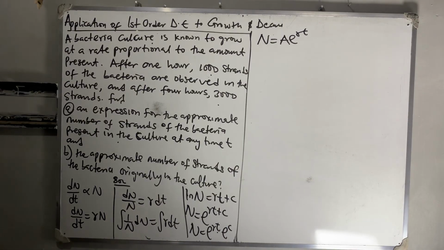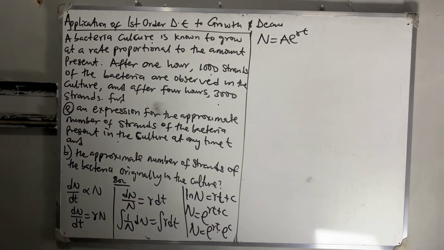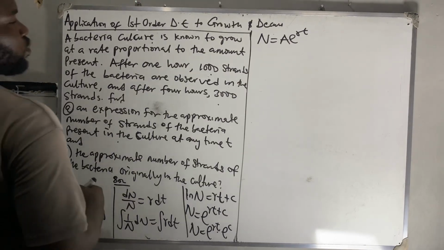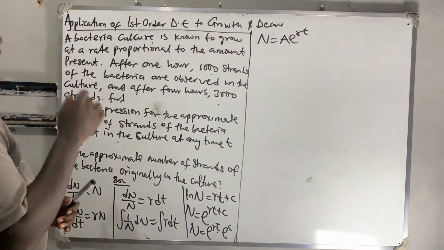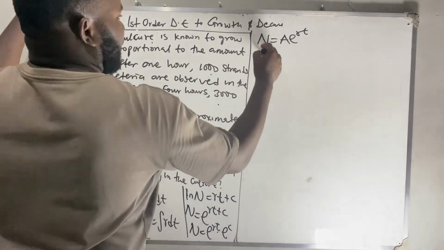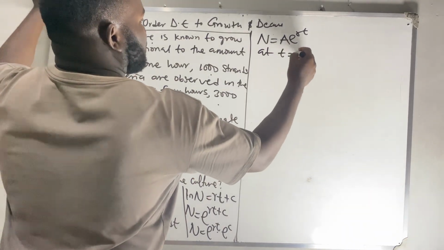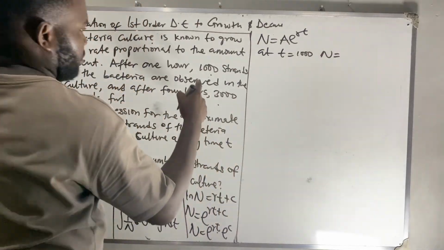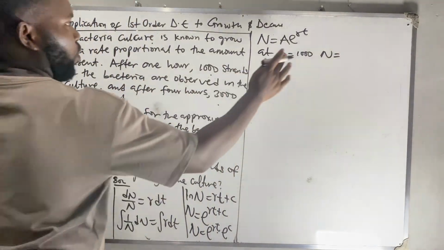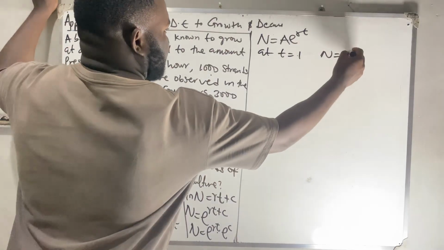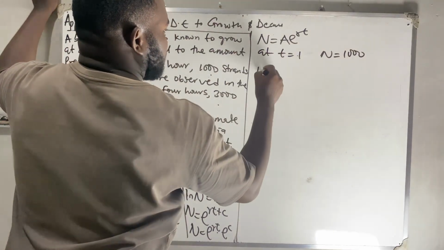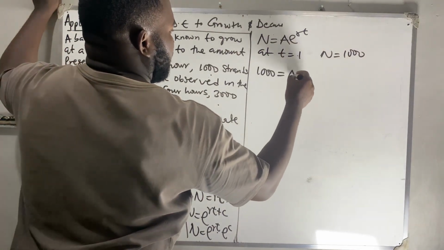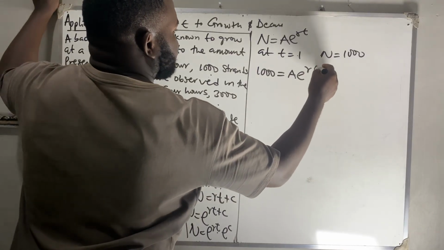They told us that at 1 hour, we have 1,000 strands, which will help us to calculate this. So when t is 1, N is 1,000. So 1,000 is equal to A e to the r multiplied by 1.